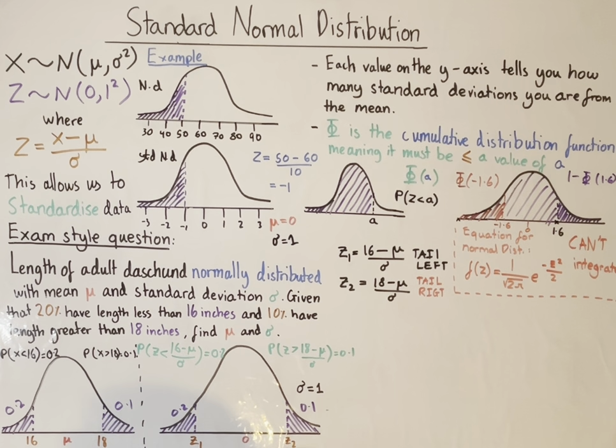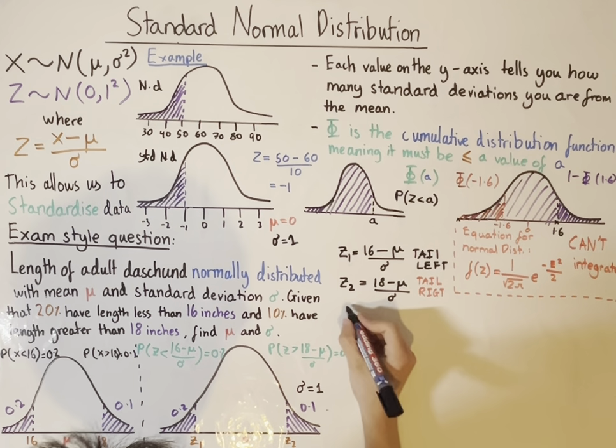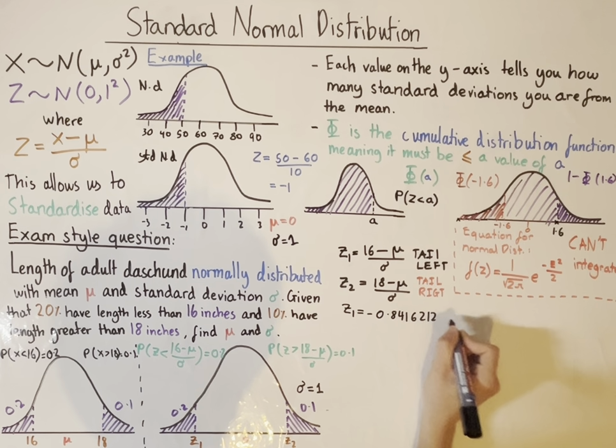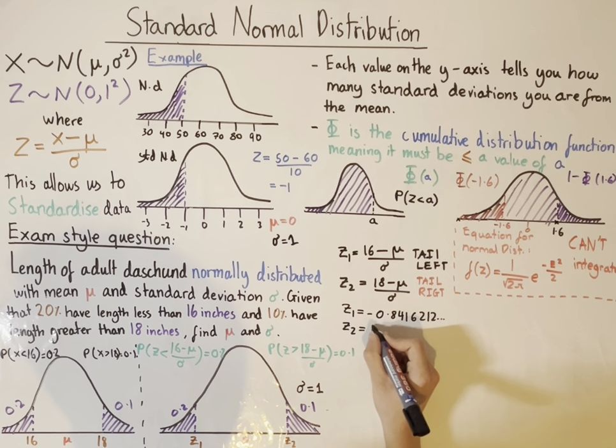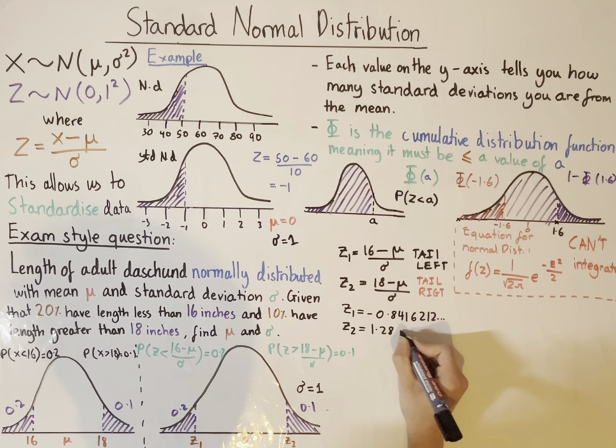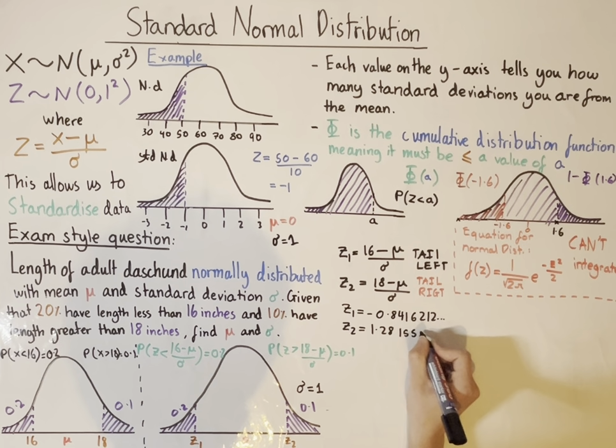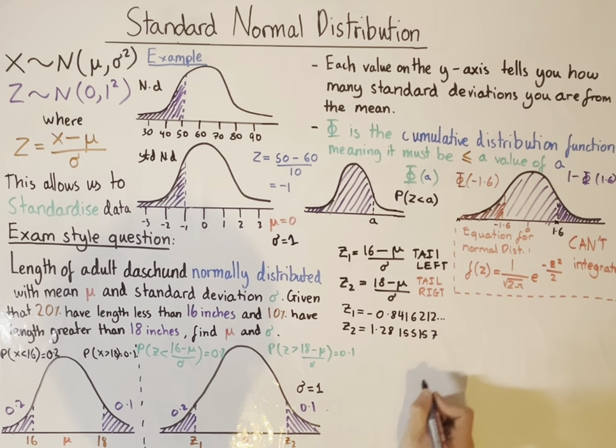Okay, so now that we've done that, we can say that z1 is equal to minus 0.8416212, and then z2 is equal to 1.28155157.